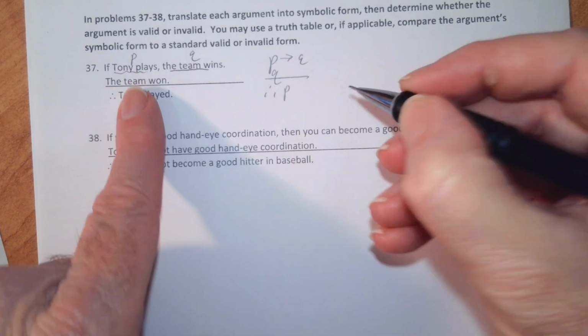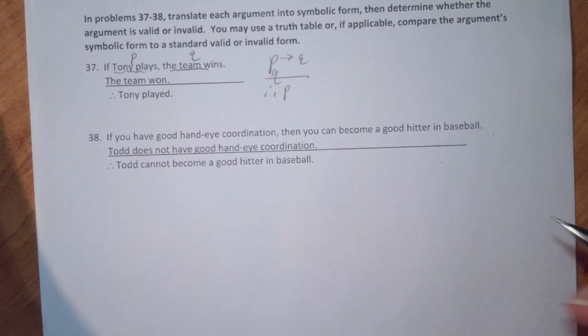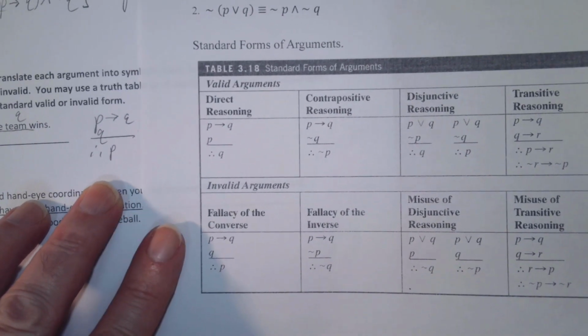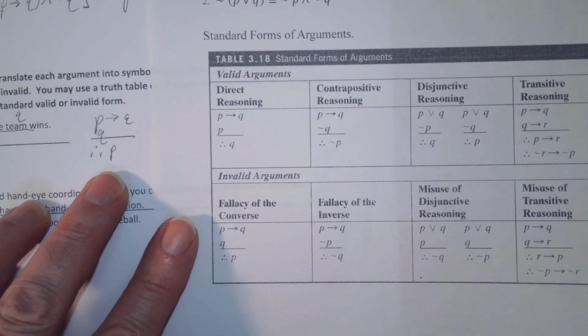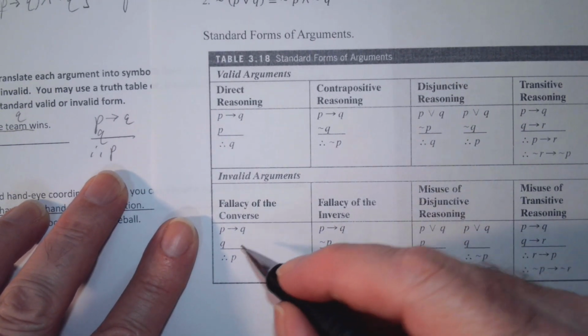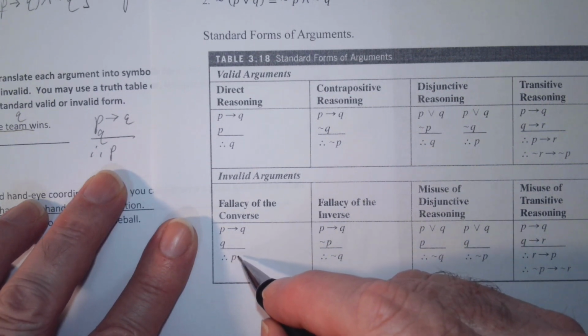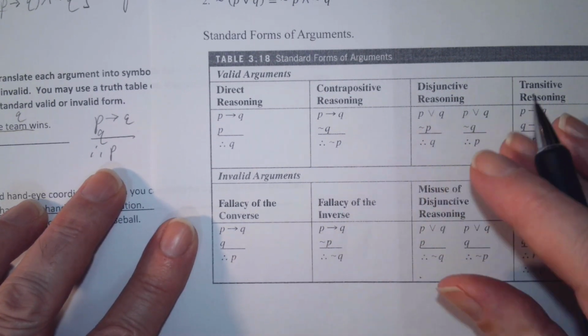That would be statement P. So let's go ahead and look at our forms of arguments. And notice it's this one here. P implies Q, and we have Q, therefore P.